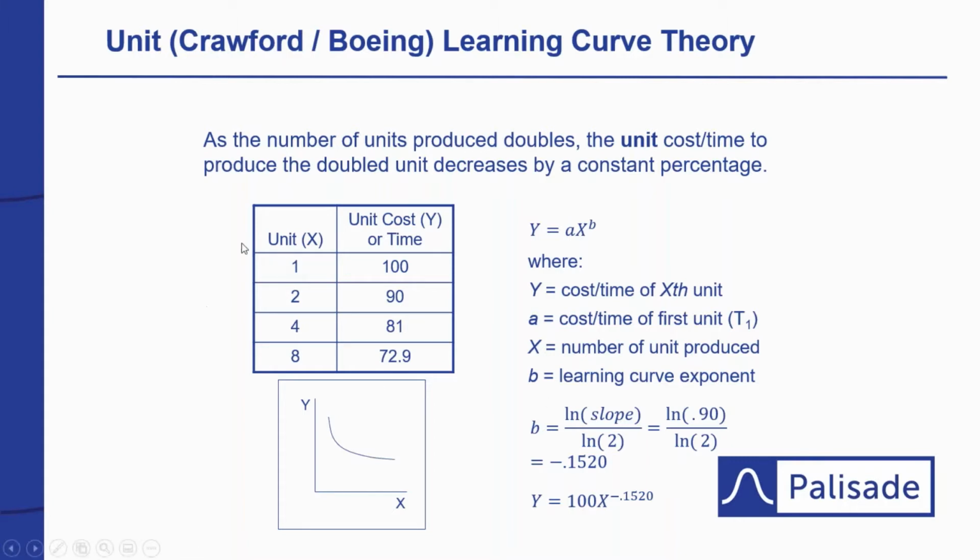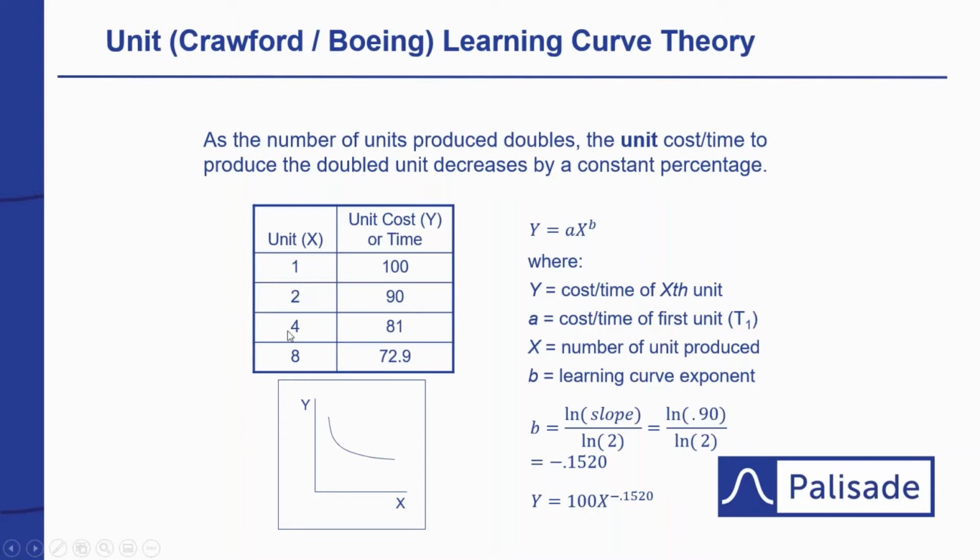So in the block, the way the data is presented here, if, for example, you knew that either the cost or the time, it doesn't have to be just cost, could be time as well, like man hours. If either the cost or time to produce the first one takes $100, 100 hours, whichever you're modeling, then the theory says that when we double from 1 to 2, that's a doubling, if you experience some decrease in the time or cost to produce the second one, then you're starting to demonstrate some kind of learning, experience, improvement.